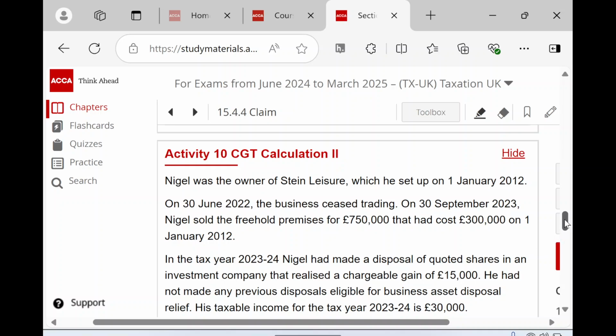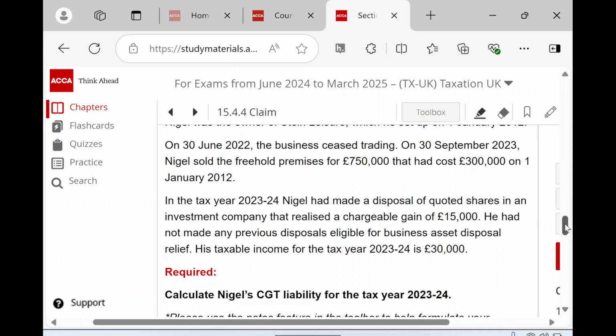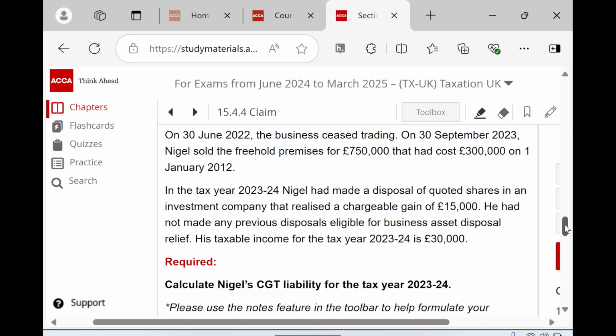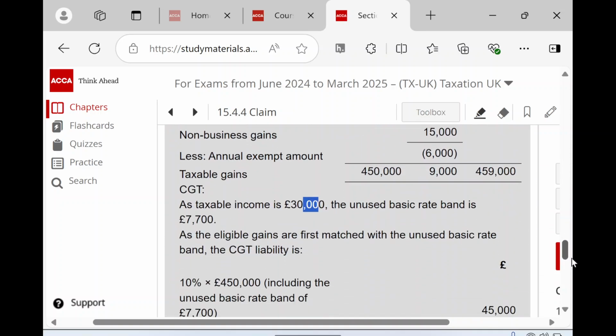In addition to that, we had an additional asset, okay? The examiner wanted you to put them in the same column and tax maybe at one rate. We didn't do that. We separated them out. In essence, we had 3 columns, okay? Then we saw that the BADR used up the basic rate band. So in terms of the rate applicable to the other gain, it had to be 20%, not 10, okay?